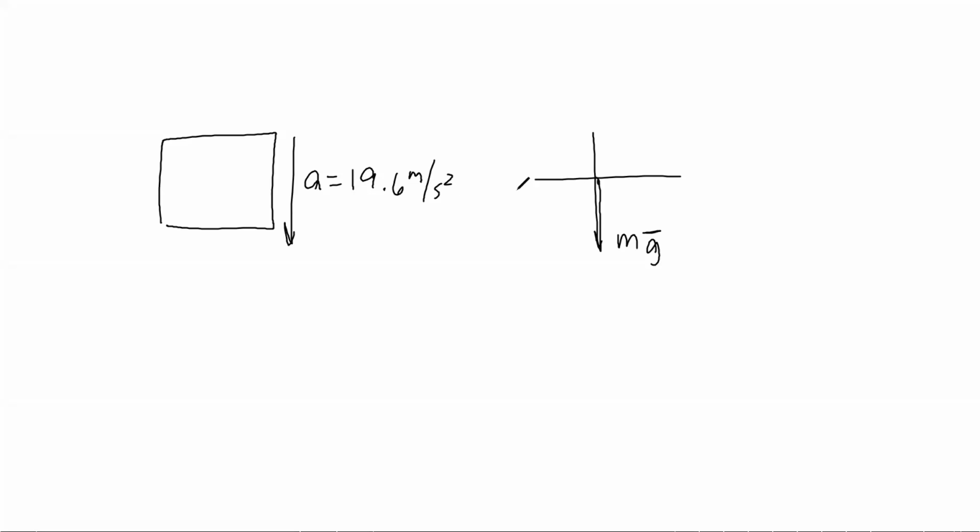What's F net here? Maybe that'd be helpful. So the mass of the person in the elevator is 60 kilograms, right? Just using Newton's second law itself, F net would be down, and what would be the magnitude of it? It'd be 60 times 19.6.